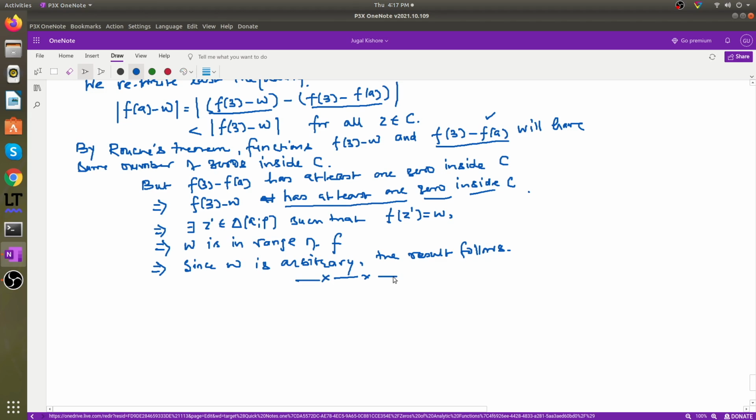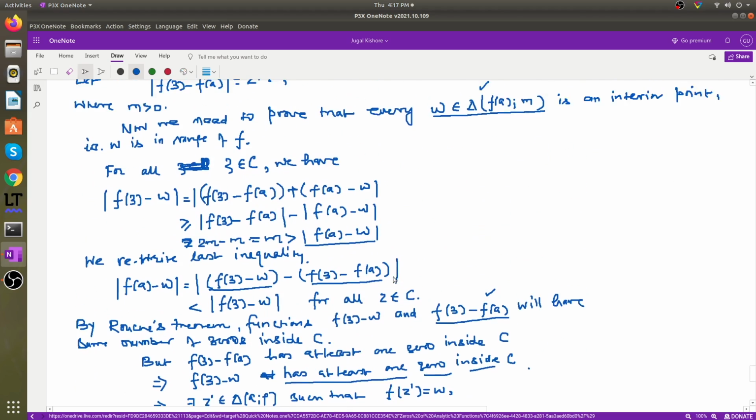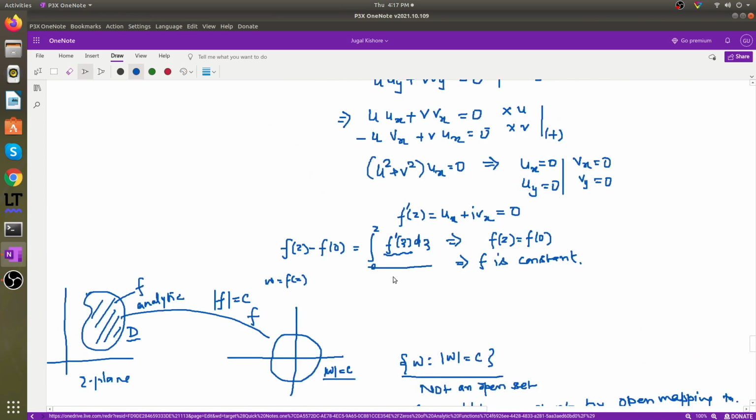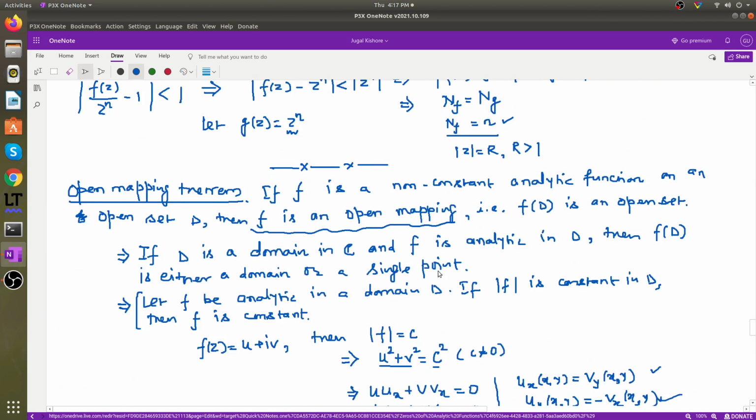We can also see that in the open mapping theorem we have taken an open set. That means we have taken that f is a non-constant analytic function in an open set D. Now we are interested in replacing this open set by a domain.